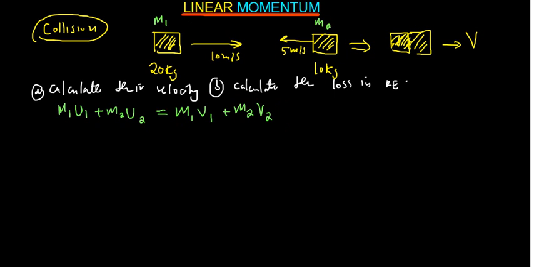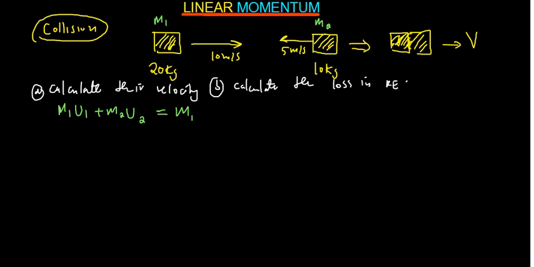Now the only thing here is, at the end, these are moving as a unit. Because they're moving as a unit, they are going to have the same velocity. So v1 is going to be equal to v2, because they are moving together. So this equation is going to change.